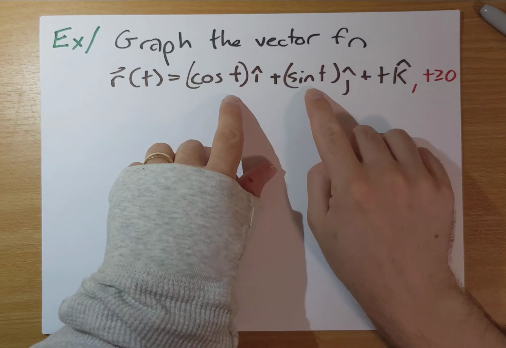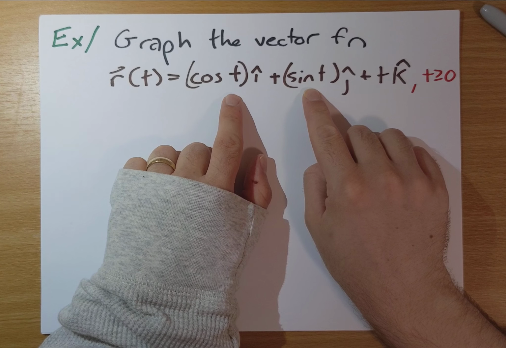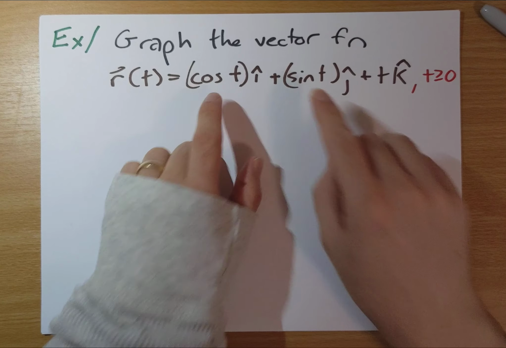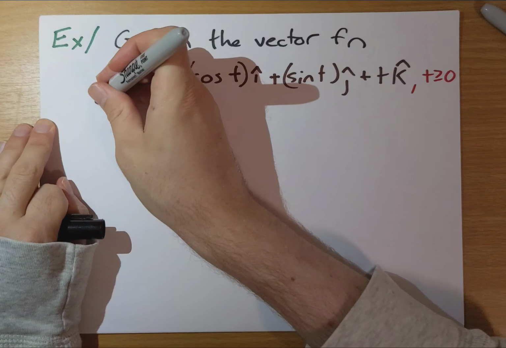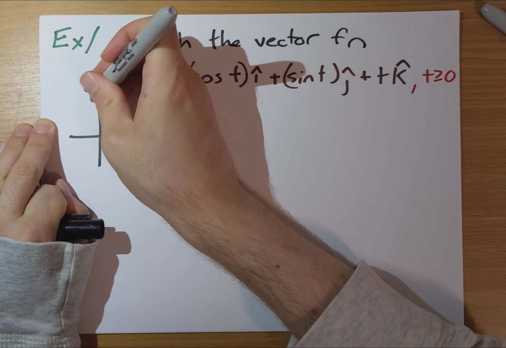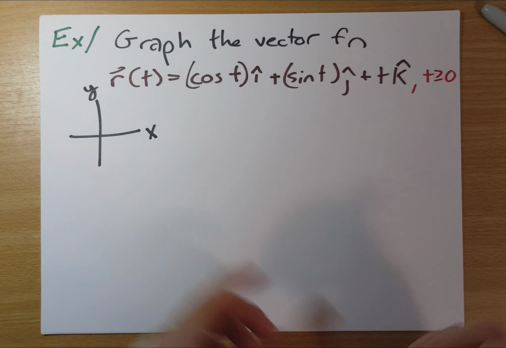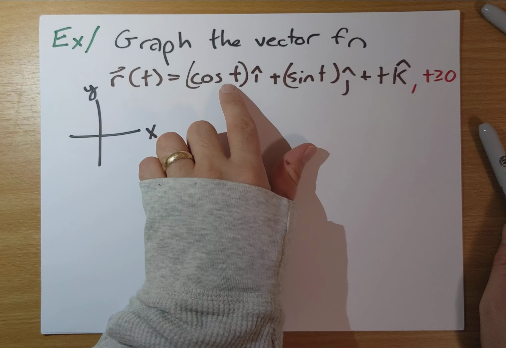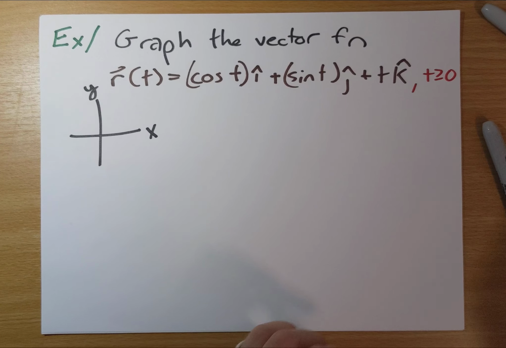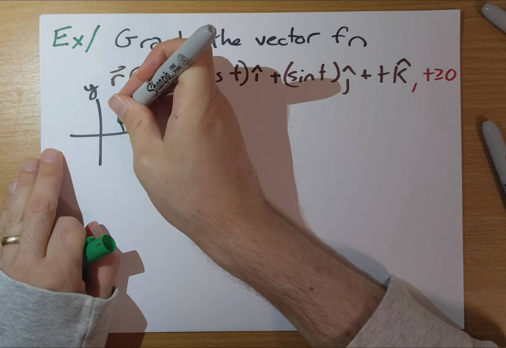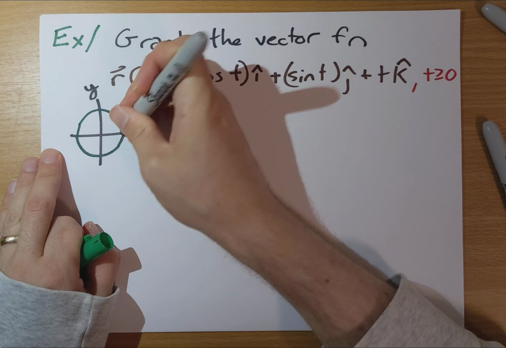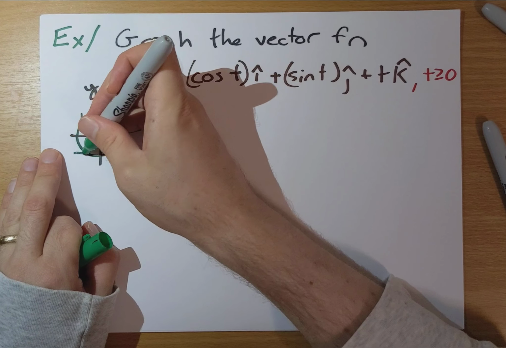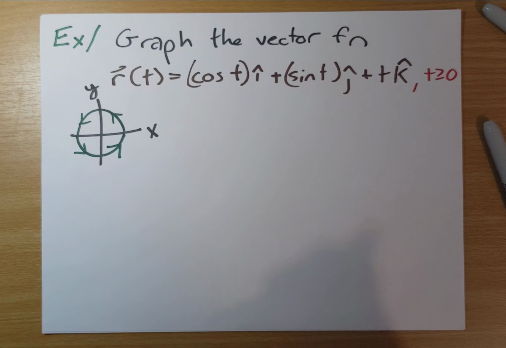So first off, I want to look at the i hat and j hat components. If we restrict ourselves to thinking about what's going on in the xy plane, x is cosine t, y is sine of t. That should feel familiar from our study of parametric curves in Calc 2.